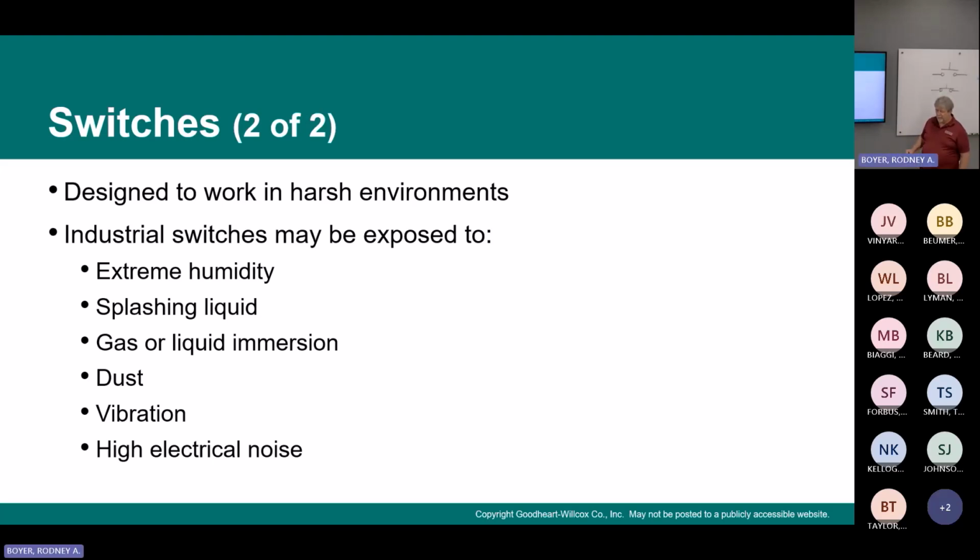Industrial switches may be exposed to extreme humidity, splashing liquid, gas, or liquid immersion, dust, vibration, high electrical noise. Electronic switches are susceptible to high electrical noise. Rock switches all affect those kind of things. Regular push button or limit switch wouldn't be.